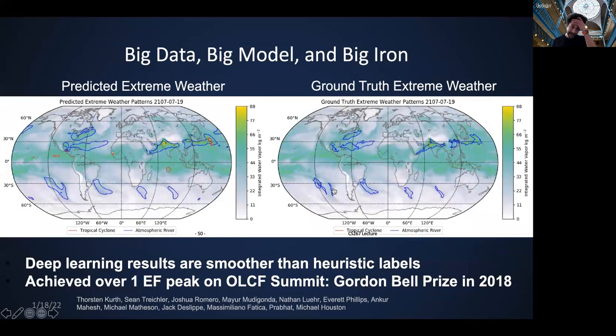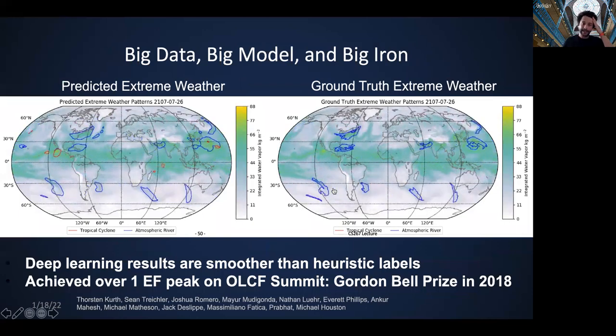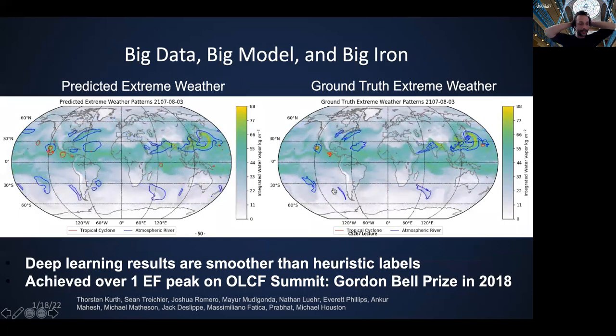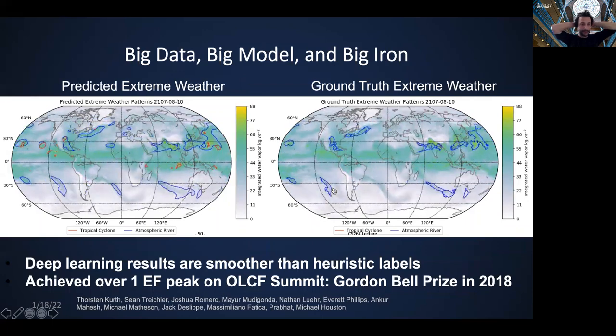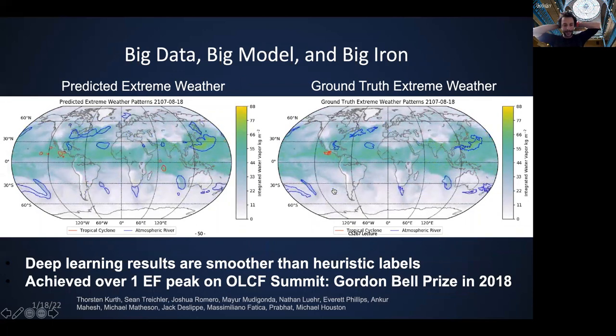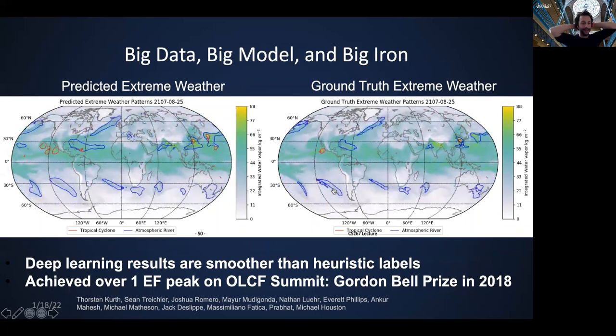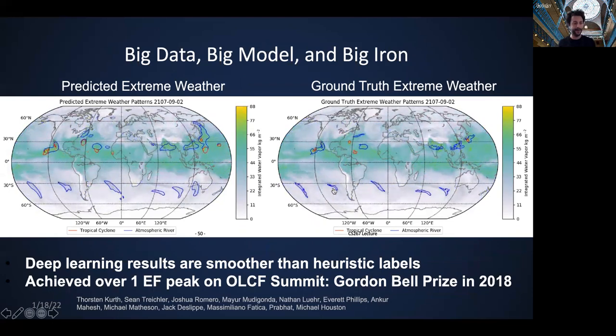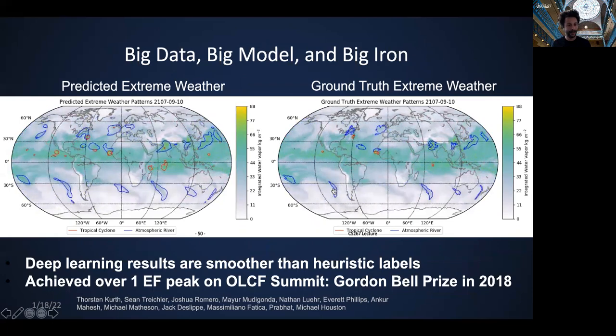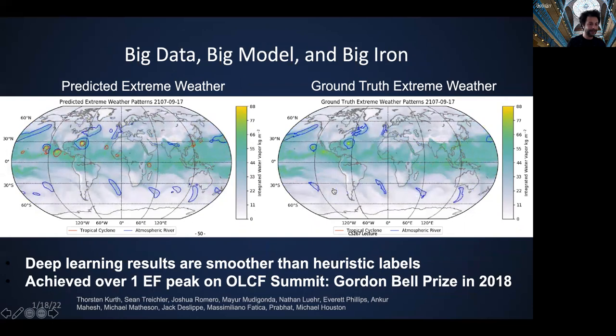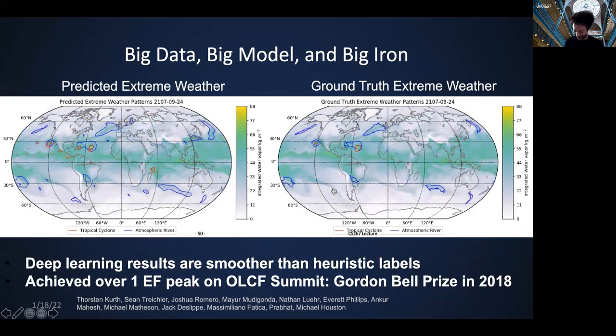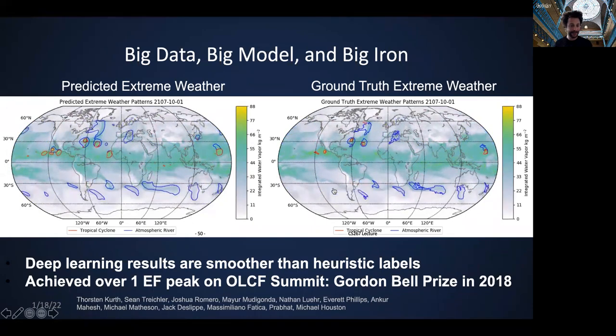But machine learning is actually successful in playing well with the simulations in general. So this is, again, from the same 2018 award. I keep going back to the same Gordon Bell Award because there are two different teams, so I can talk about different parts of it. They use deep learning to predict extreme weather events.